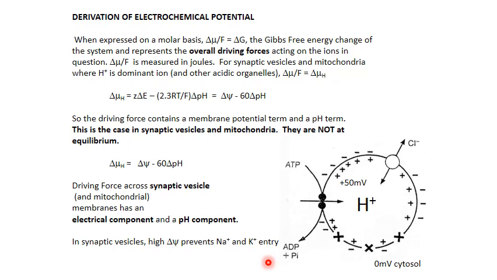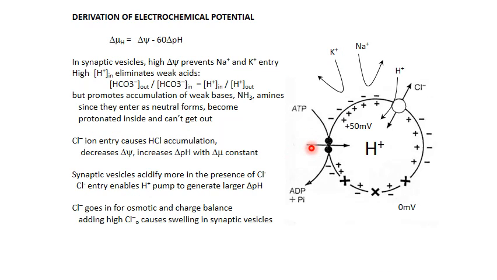This is not relative to the extracellular space, it's relative to the cytosol. So we're looking only across the cytosol to the vesicular interior. High positive interior essentially is sufficient to repel sodium and potassium, and that accounts for the very low concentration of sodium and potassium that we saw inside the chromaffin granules from the biochemical analysis.